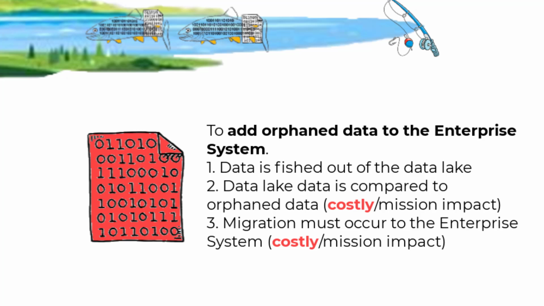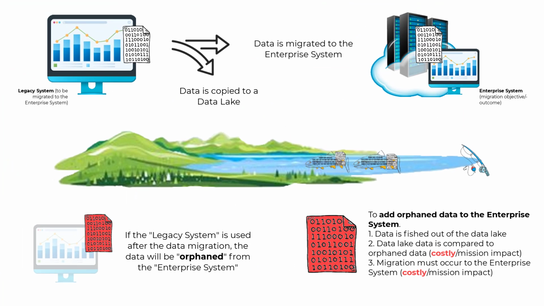What is the moral to this story? Don't use your legacy systems after they've been migrated to the enterprise system, and you can avoid all of this challenge. Although, having done this for many decades, there's always the time where an orphan data set will occur, and you need to be prepared.